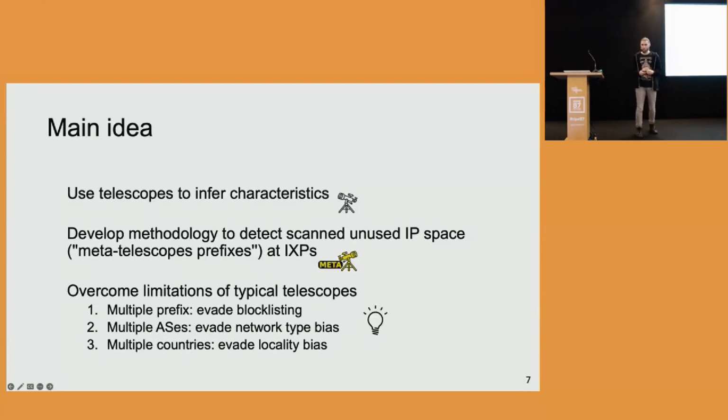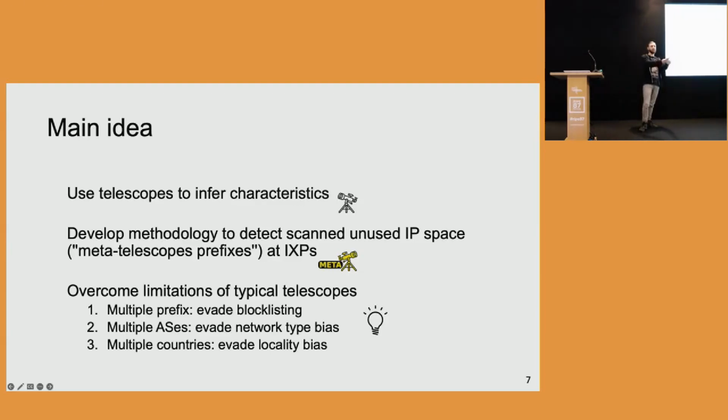Typically, if you operate a telescope, you have 1 prefix. The bigger the prefix is, the more scanning traffic you will see, the more insights you might get. But first, if a scanner knows about your telescope prefix, they can just blocklist it so that they will no longer scan it, meaning the malicious actor knows the telescope can no longer infer what they are scanning.